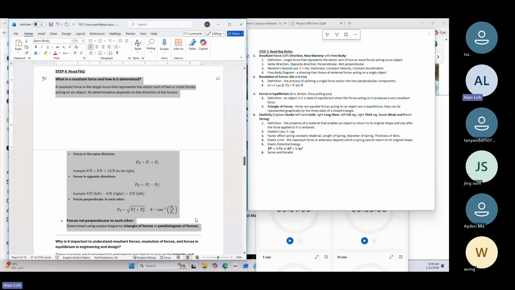How do you read this? Okay, let me tell you. Like I say, you read the questions. You ask yourself which drawer, 1, 2, 3, or 4. Now we have determined that it is drawer number 1. Then focus on drawer number 1. Then read from this a resultant force until these forces. Try to understand it.